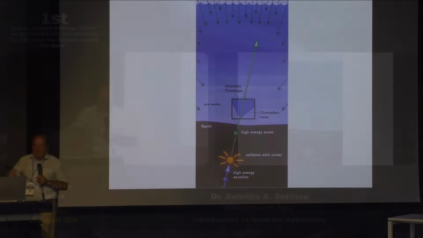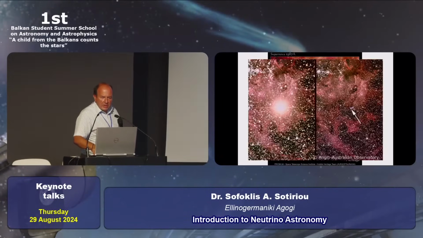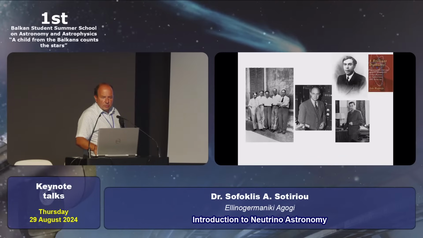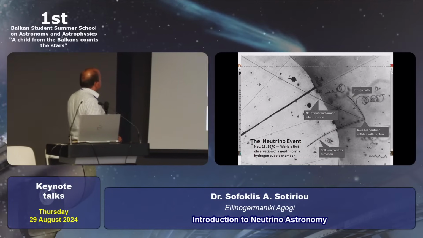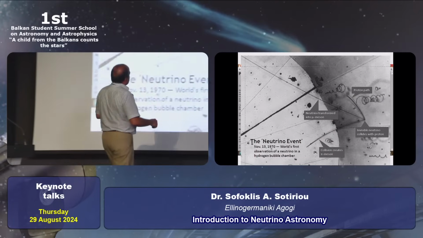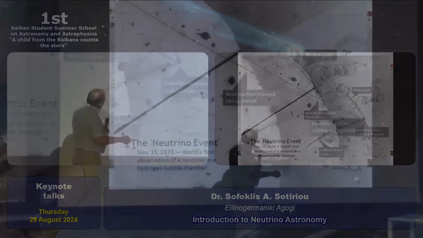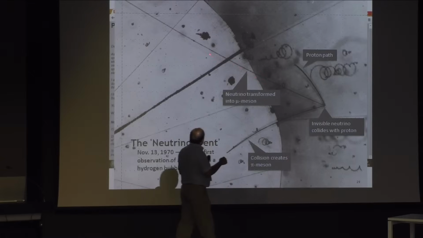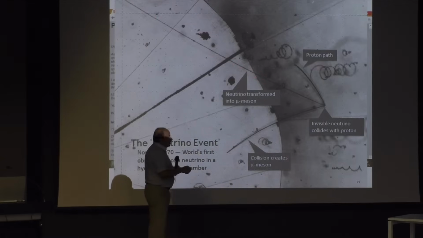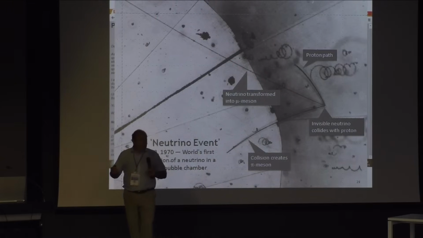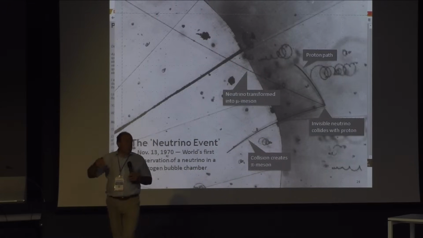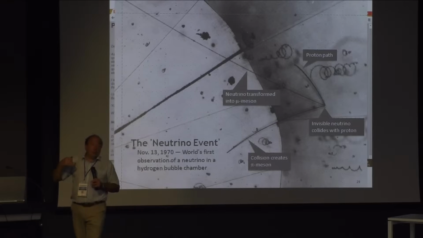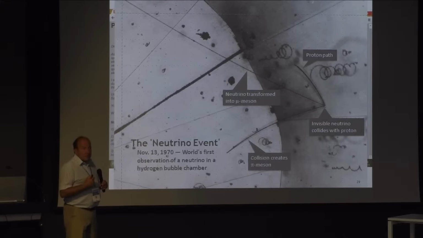It's exactly the same. Let me go back to remind you of this. So the neutrino is coming from this direction and is producing this muon. This muon is going very fast. And the higher the energy of the neutrino, the higher the energy of the muon.